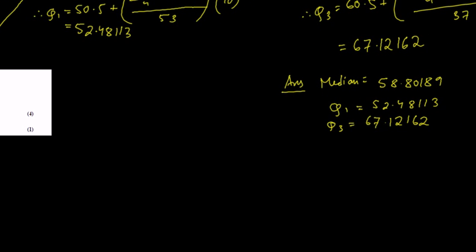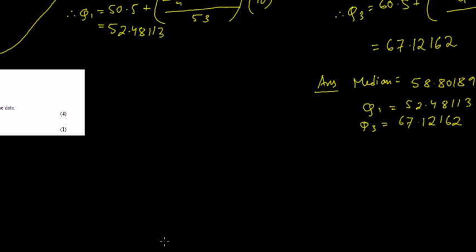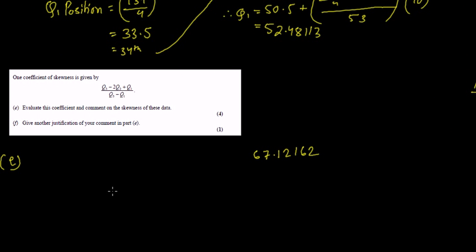Okay, we have this here. So Q3 is 67.12162 minus 2 into Q2.